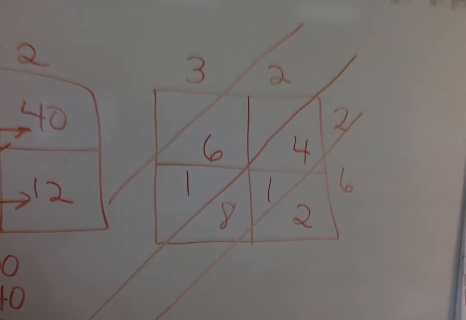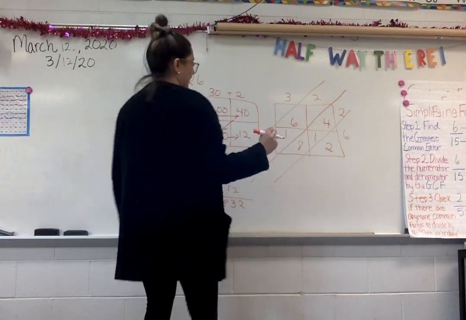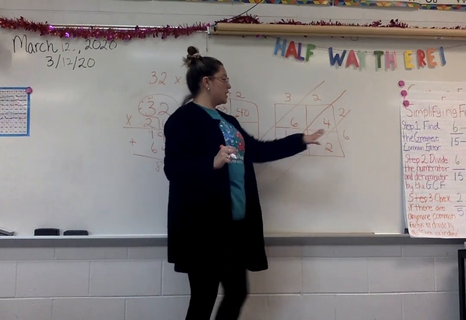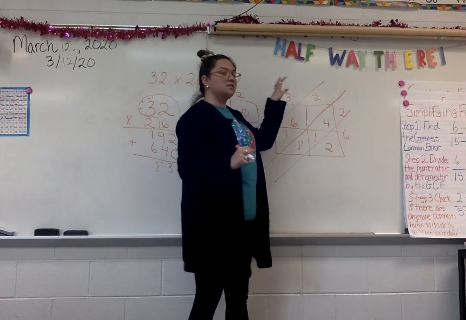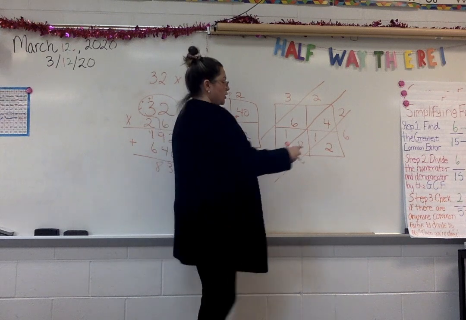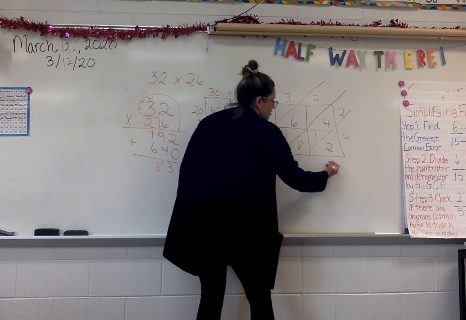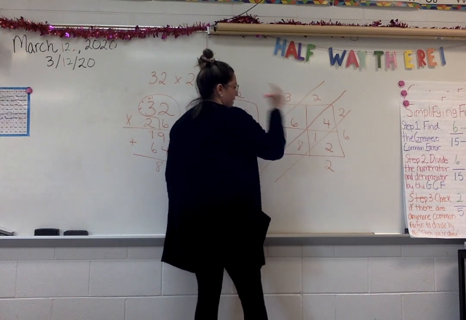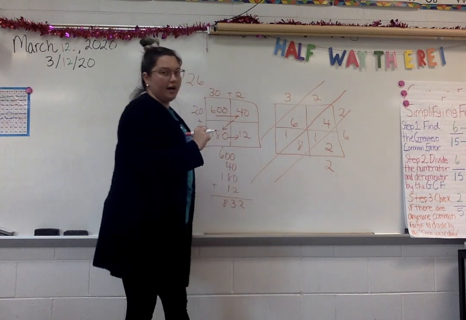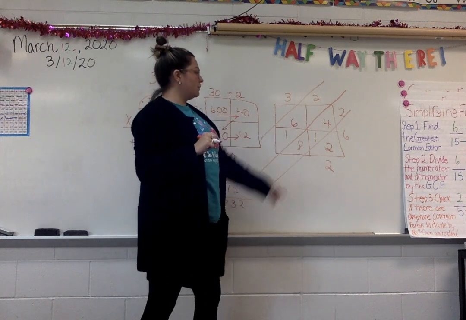Okay. All right. So now the easy part. We just have to add it all up. Okay. So you only add the numbers in the boxes. You don't add the numbers outside the box. Okay. So here we have 2 plus nothing will give us 2. Then we have 8 plus 4, which will give us 12. Oh my gosh.